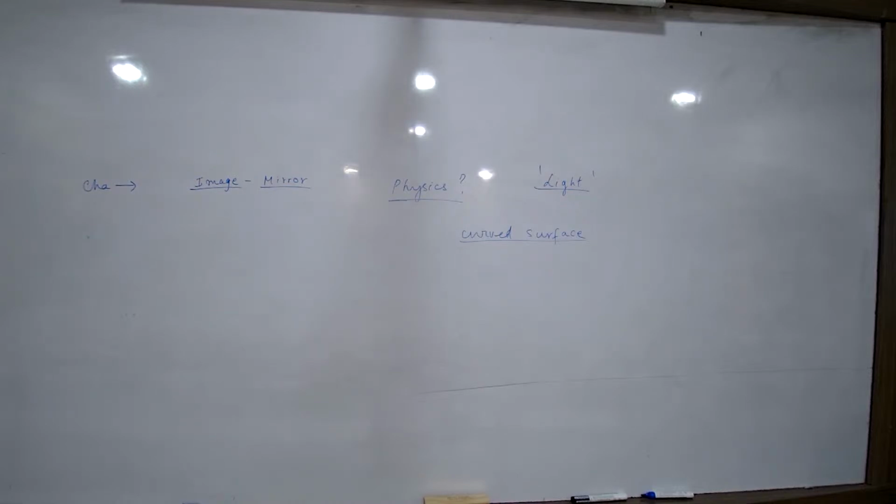Size of the image is the same as or equal to that of the object. The size of the image is the same as the size of the object. Next, about distances.